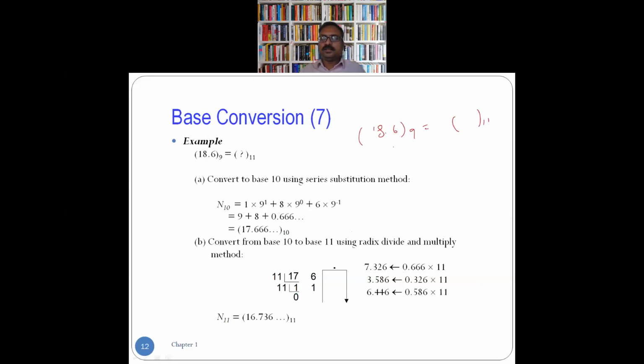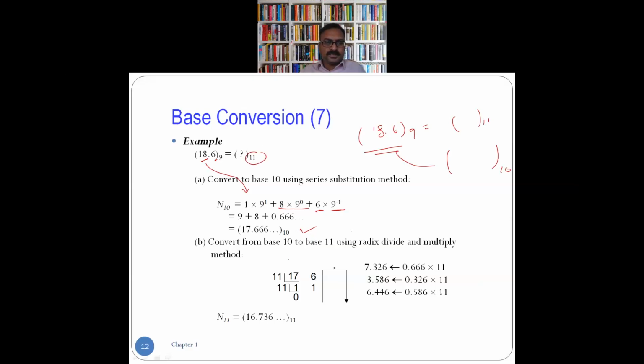First we convert it into its equivalent decimal number. So this number is equal to 8 into 9 to the power of 0 plus 1 into 9 to the power of 1 plus 6 into 9 to the power of minus 1, which is equal to 17.66.